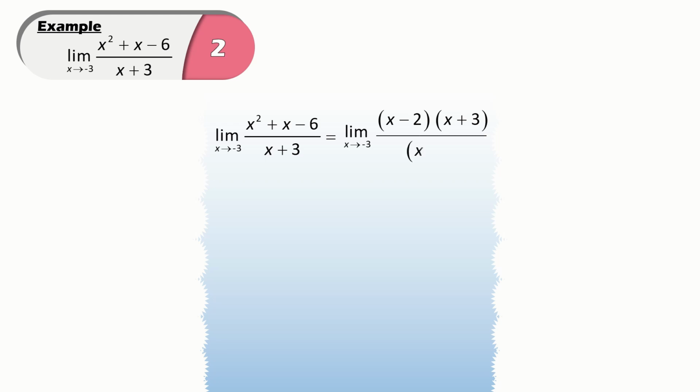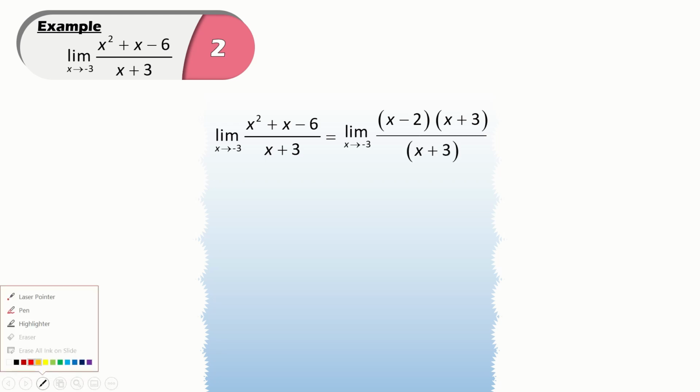Like in the first example, let's apply factoring first before applying limit properties. Observe that the numerator is factorable. Pause this video and try to find the factors of the numerator. Let's proceed. The factors of the numerator are the difference of x and 2 and the sum of x and 3, over the entire denominator.